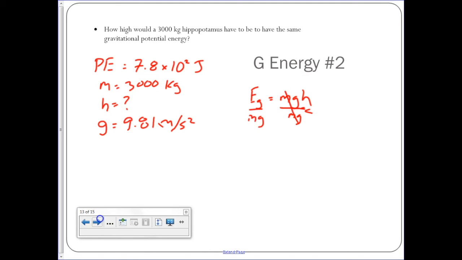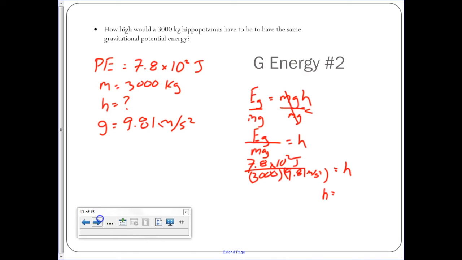These cancel. Now we have Eg over mg is equal to our height. Now we plug it in and solve. So we do the 7.8 times 10 to the 2 joules divided by 3,000 times 9.81 meters per second squared for our height.